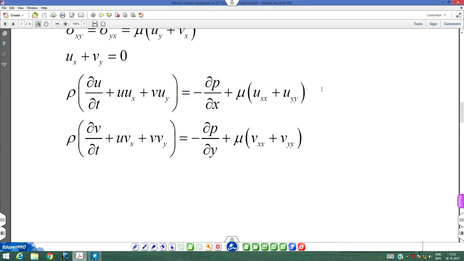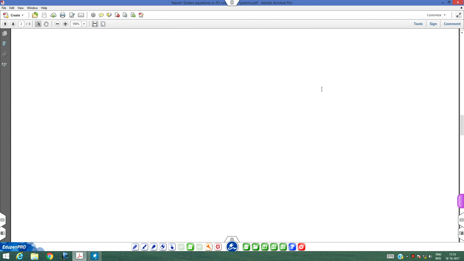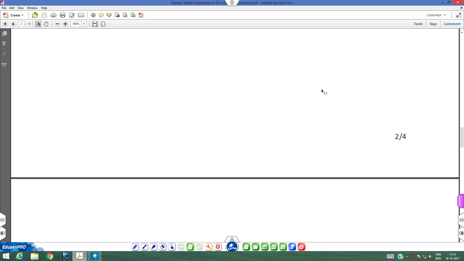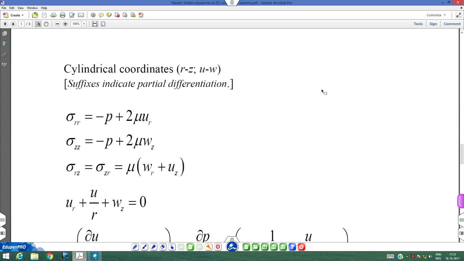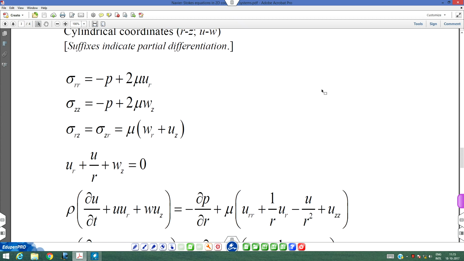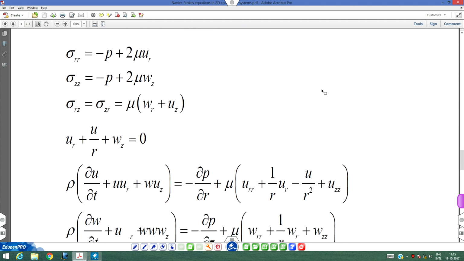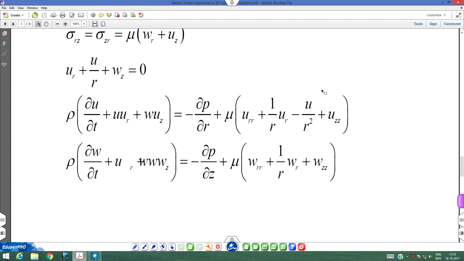I have given you in this handout Cartesian, 2D Cartesian, which I expect you to remember. Then we have R z. Okay, so R z, you have sigma R r, sigma z z, sigma R z, and now you can start seeing the presence of curvature terms, which are all 1 over r times some quantity.